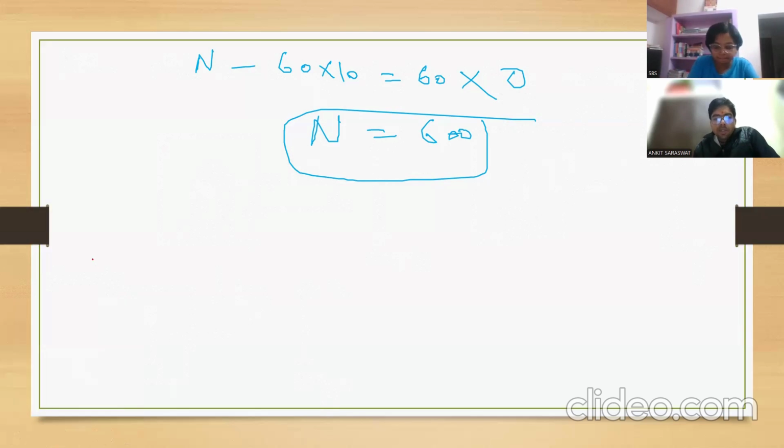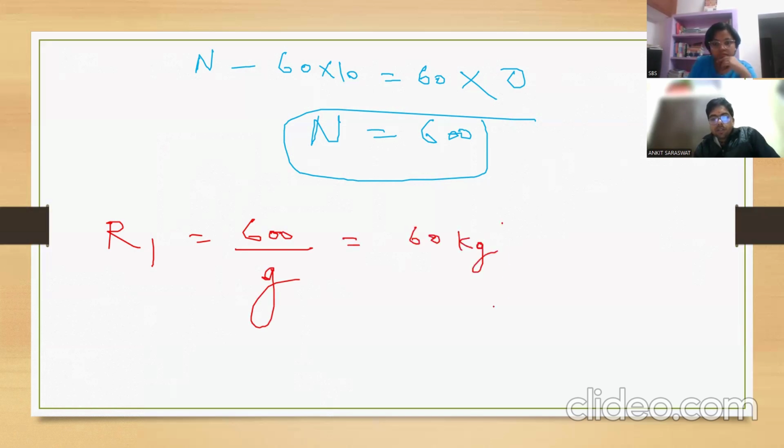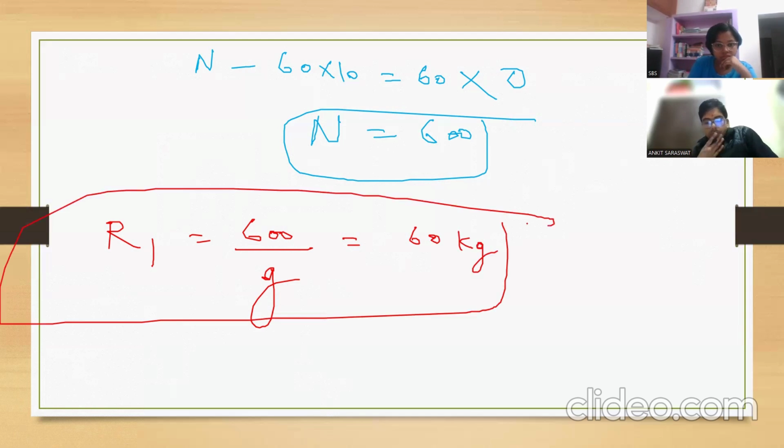How much reading is given by the weighing machine? 600 newtons, very good, 600 by g, normal by g. How much? 60 kg, the actual weight. Clear? Reading simply means normal by g. He is saying I am 60 kg. Any doubt? Normal by g.